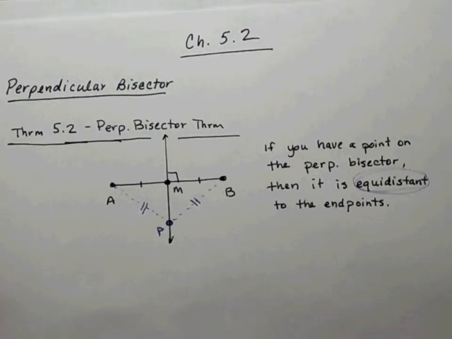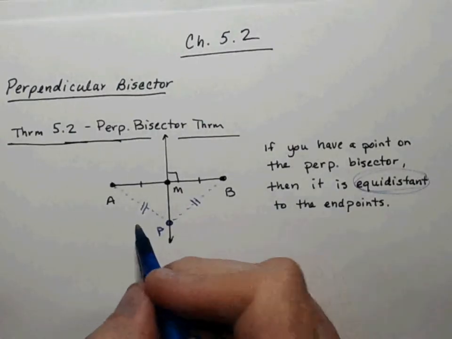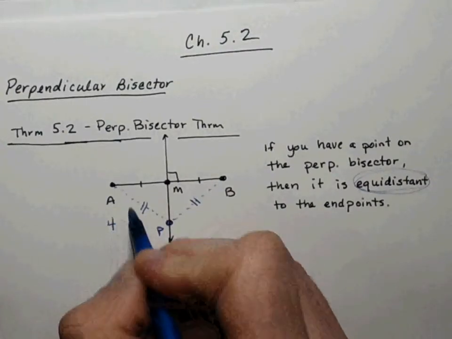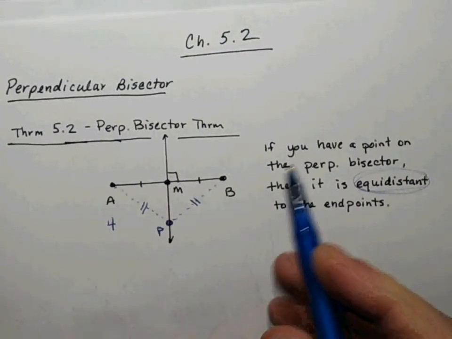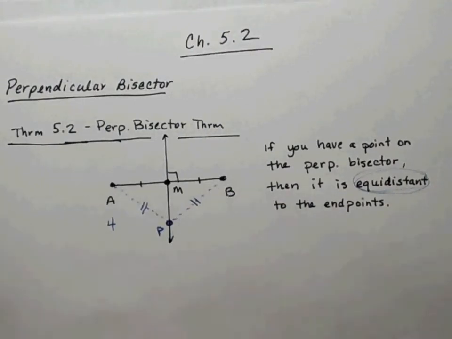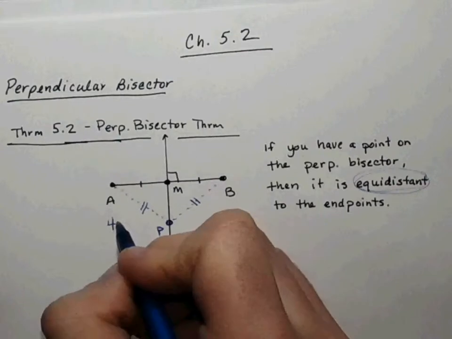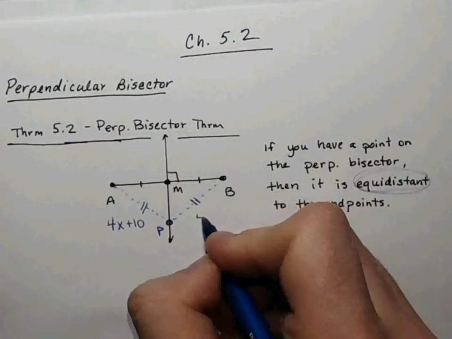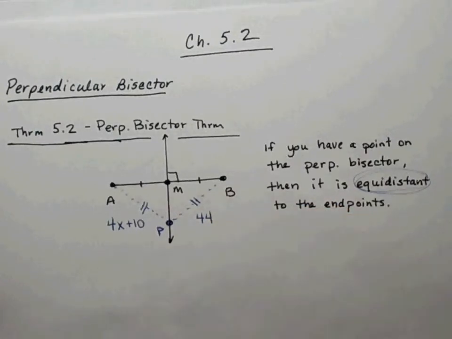That's Theorem 5.2. So let's say that AP was 4. Well, then PB would be 4. Let's say that AP was 4x plus 10 and PB was 44. This would be a good example of something you might have on your homework.